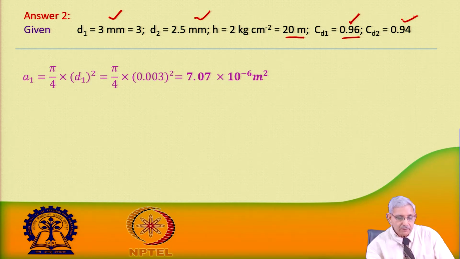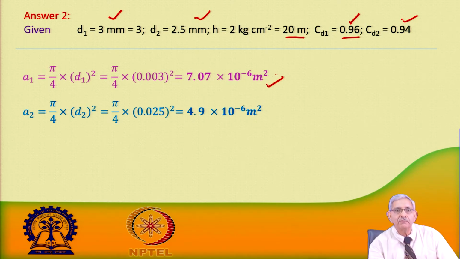So, for the area of the range nozzle, substituting the value of D1, that is 3 millimeter, expressed in meter as 0.003, we get the area of the range nozzle as 7.07 into 10⁻⁶ square meter.